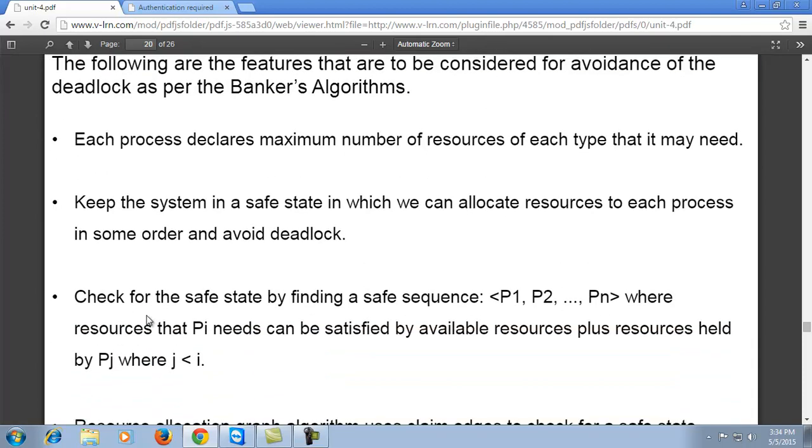Like there are a number of processes P1, P2, up to Pn, where resources that Pi needs can be satisfied by available resources plus resources held by Pj, where j is less than i.